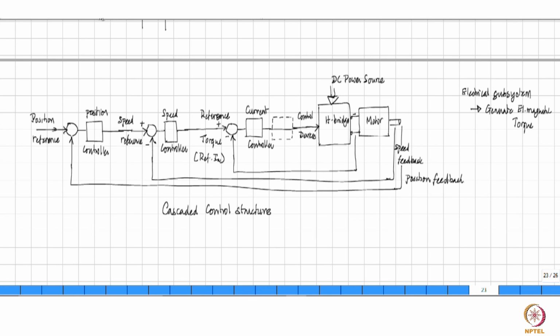In this, the fastest system variable is attempted to be controlled first, and the fastest system variable is the flow of input current into the armature. That is an electrical system, and electrical systems are usually much faster than mechanical systems.